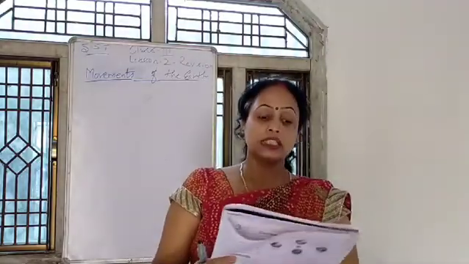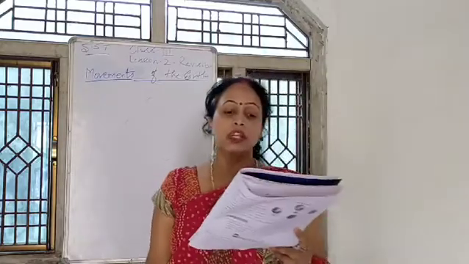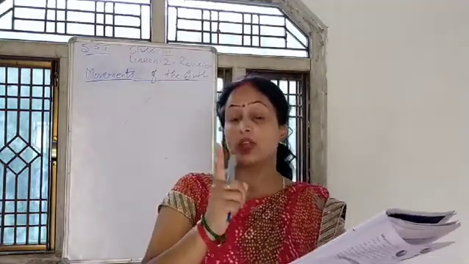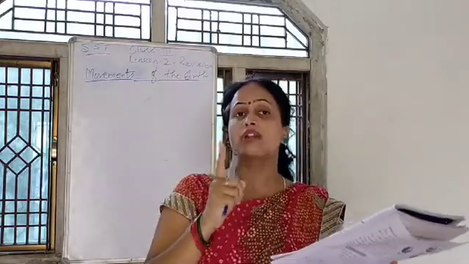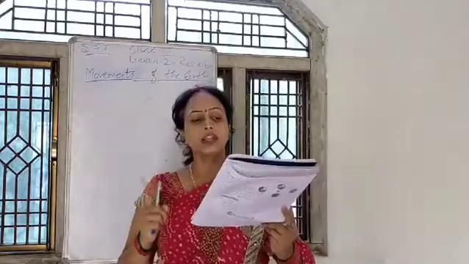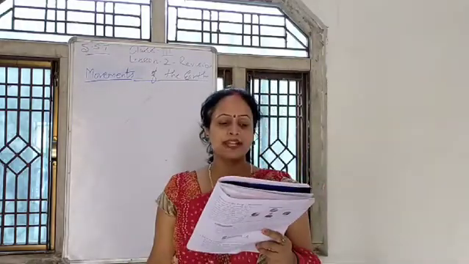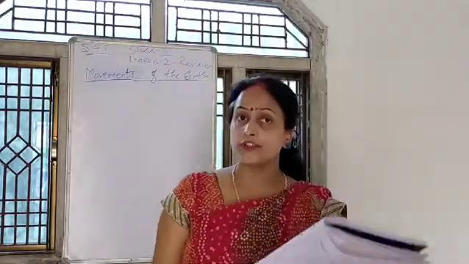The earth completes one rotation in about 24 hours. One round, one rotation, in 24 hours. So the duration of a day and night is 24 hours.